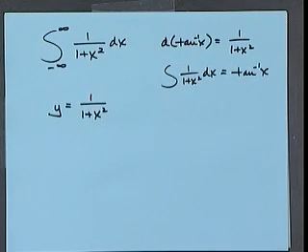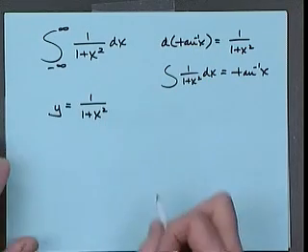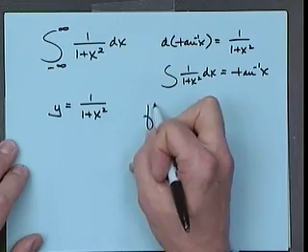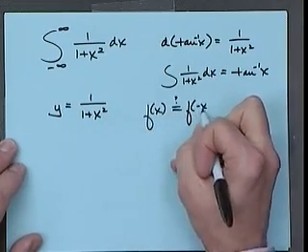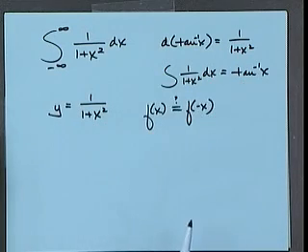If we were to picture this, does it have any symmetry? One of the tests for symmetry is f of x equal to f of negative x. Who remembers what symmetry we're testing for right there? You get the same y value when you put in x as you do when you put in negative x.